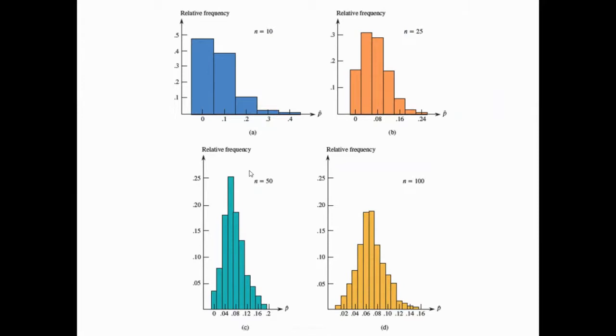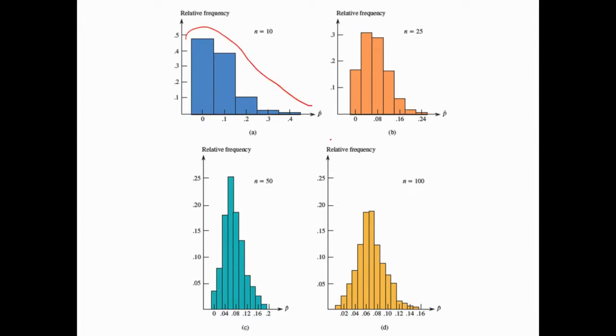So here are our histograms. What do we notice about n equals 10? I know I'm skipping over the question about the mean, but let's go straight to shape for a second, and then we'll come back to mean. What do we notice about the shape of this n equals 10? Oh, it's skewed right.